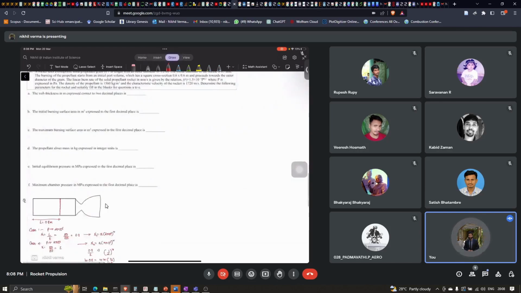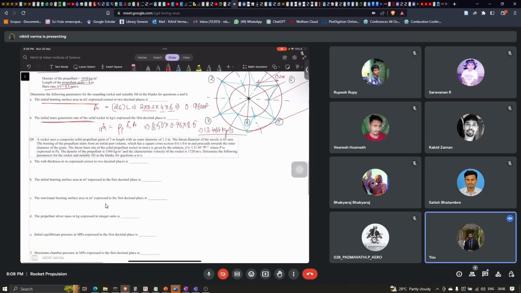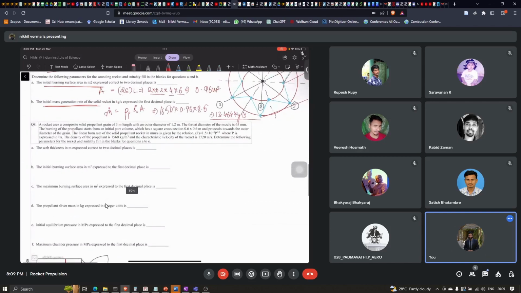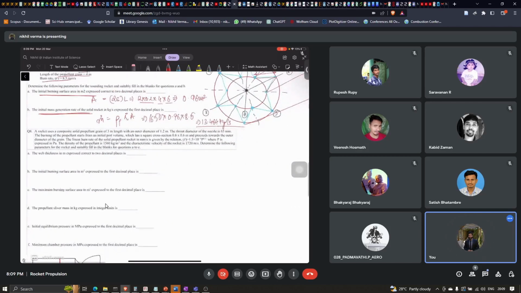So there is another problem, probably you can try by yourself. Now we have a rocket that is having a square slot. This is given as 3 meters and the outer diameter is given as 1.2 meters.